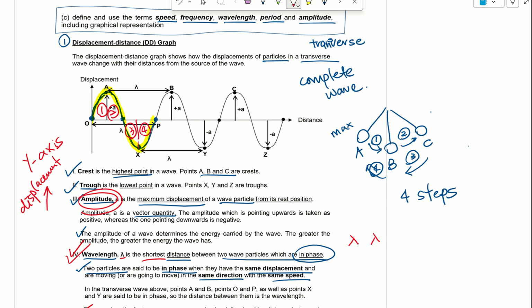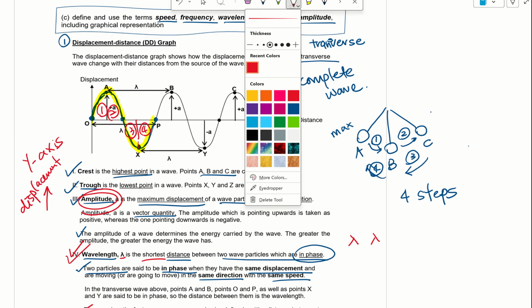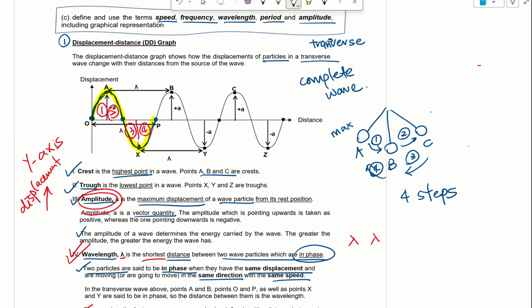So this is easy because you can see that the wave profile completes one wave. But what if I were to choose this position? If I were to trace, and if I were to come to here, you will see that this is not actually one complete wave.